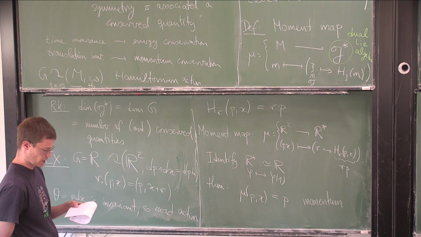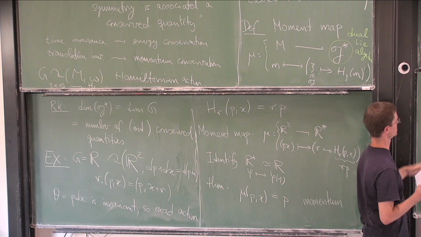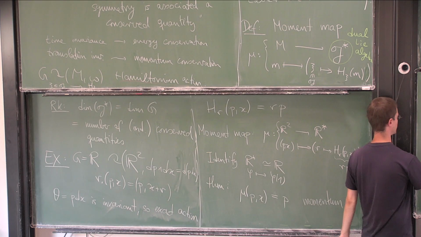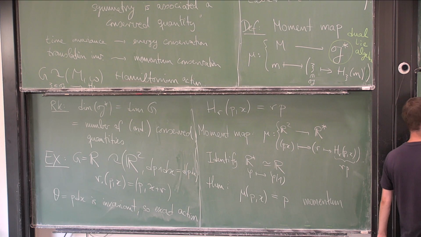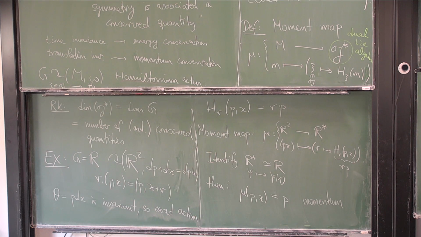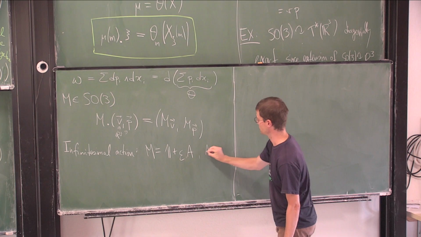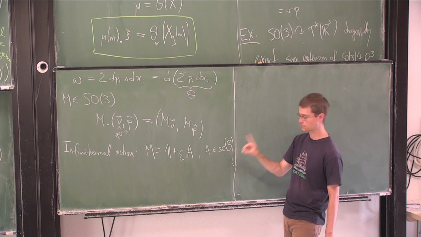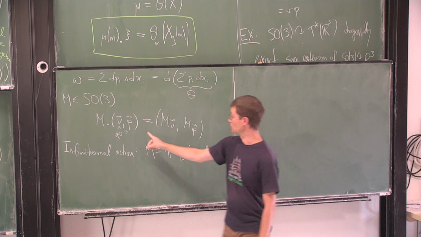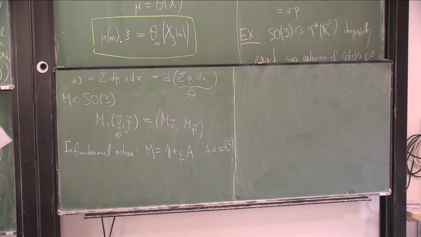Okay. So how do you determine infinitesimal actions? This is for the Lie group. Now the infinitesimal action is a general thing you can do. You should put M equals identity plus epsilon times something else, and this something else is an element of the Lie algebra so(3), a small SO(3). You compute this action and look at the first order, and the first order should give you this vector field.